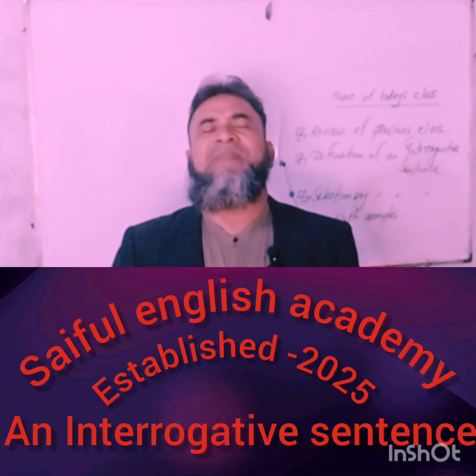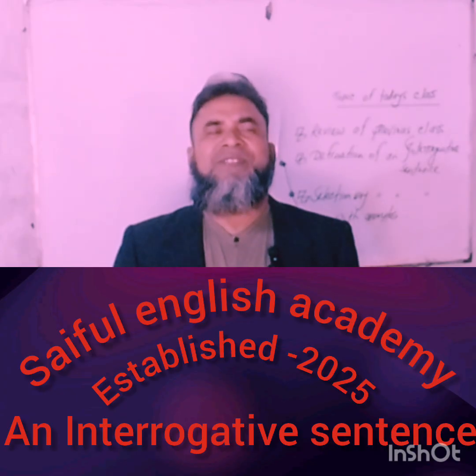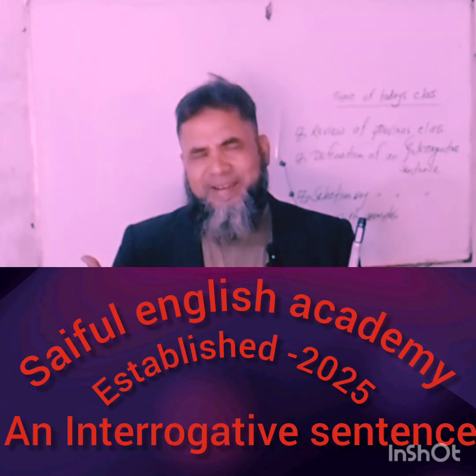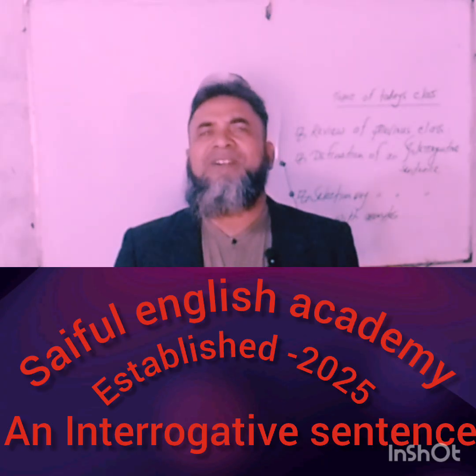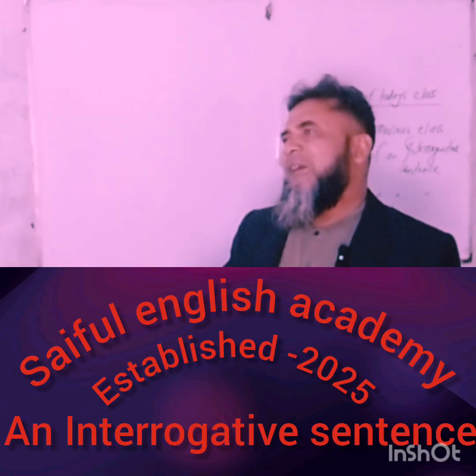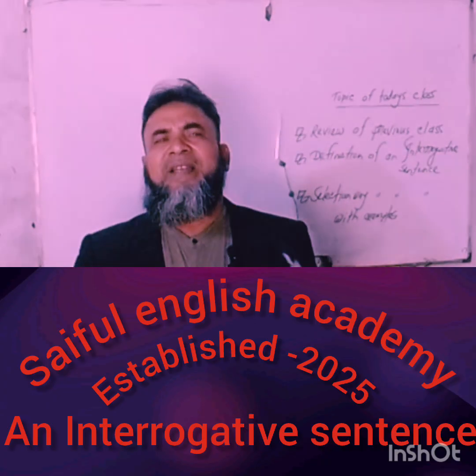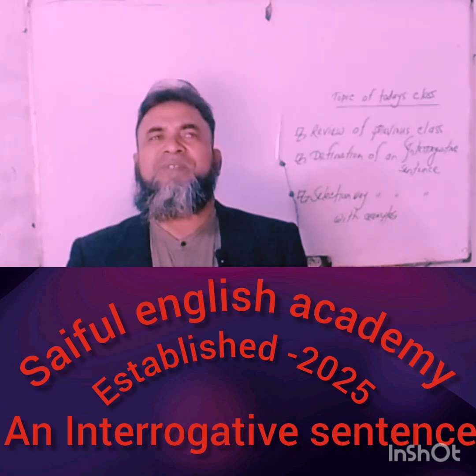Number one, affirmative sentence. Number two, negative sentence. An affirmative sentence is a type of assertive sentence which makes the sense of affirmation, and a negative sentence is a type of assertive sentence which makes the sense of negation.